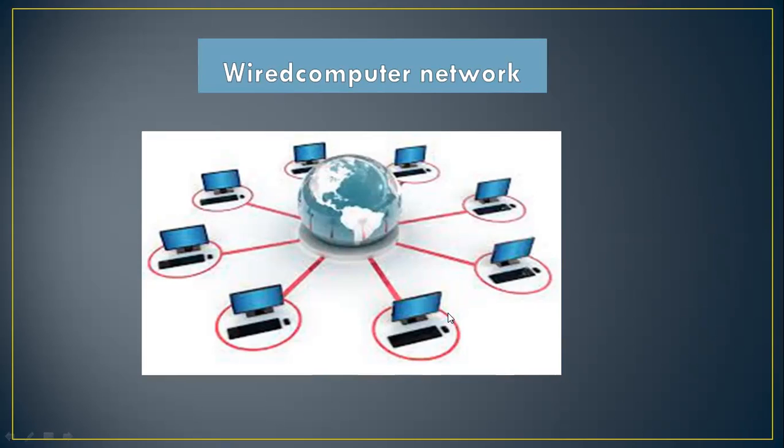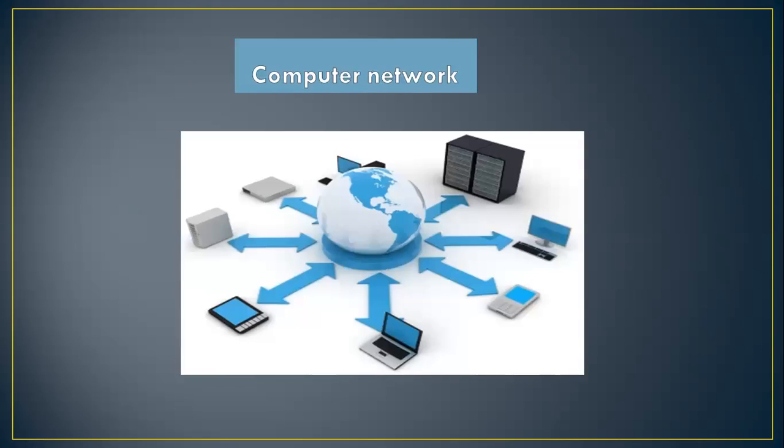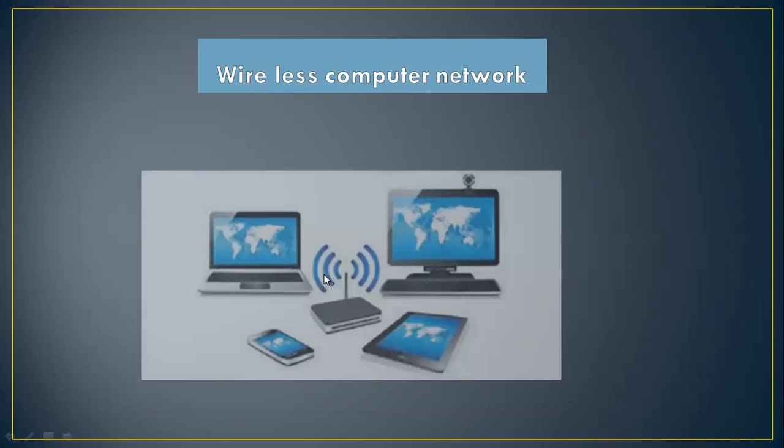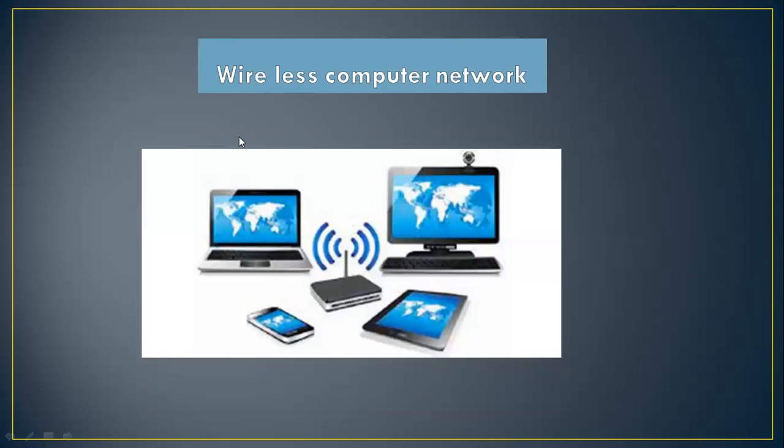Here you can see the computers are connected with the help of a wire, but here there is no wire. Here you can see all of these are wireless. They don't need a wire to connect. They only need signals. With the help of Wi-Fi, we can use the internet on our devices.